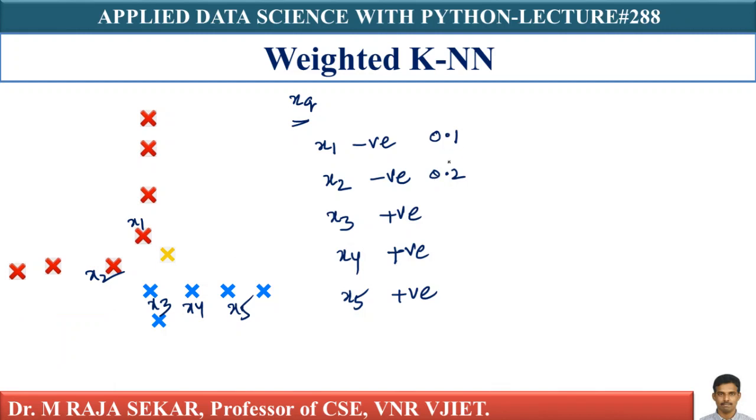This is 0.1, 0.2. This is 1.0. This is 2.0. Let me say this is 4.0. These are the distances which we assumed. Now these are my d's: d1, d2, d3, d4, d5.